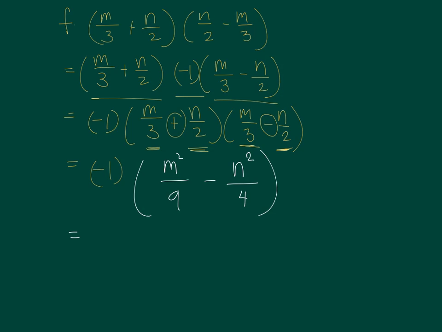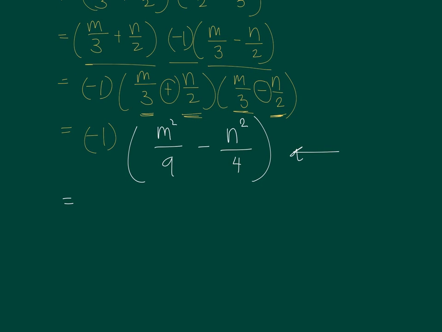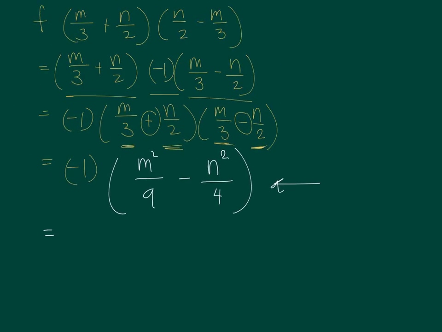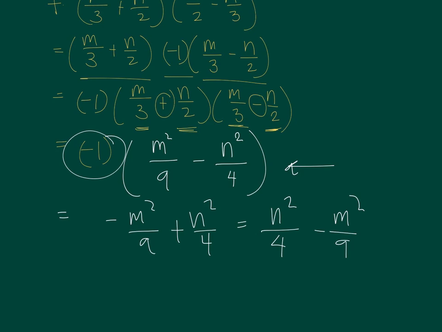Okay, so you can leave your answer in this form, or some people would also distribute negative 1 just to remove the negative 1. If we multiply by the distributive law, we have negative m squared over 9 plus n squared over 4. And finally, you could also arrange it as n squared over 4 minus m squared over 9. And this will be the final answer.